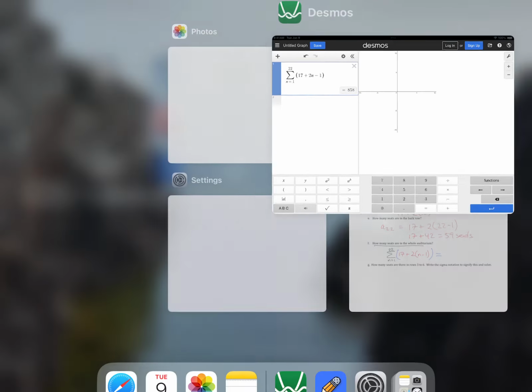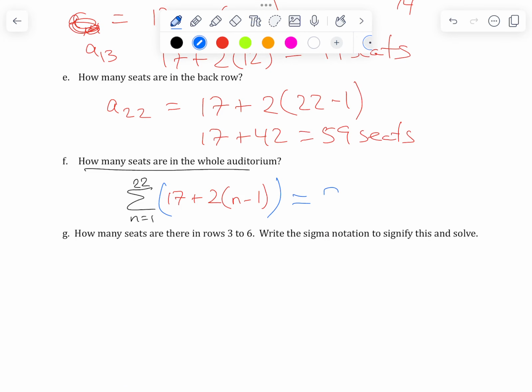And I get 858 in the whole auditorium. How many seats are in rows 3 to 6?